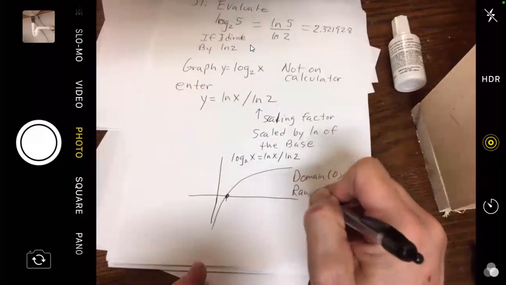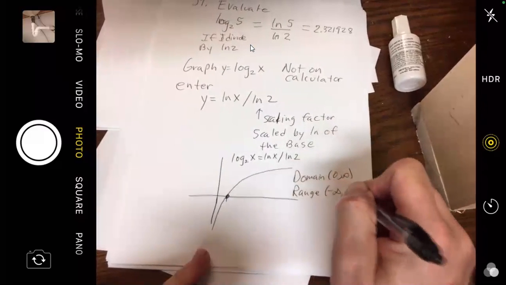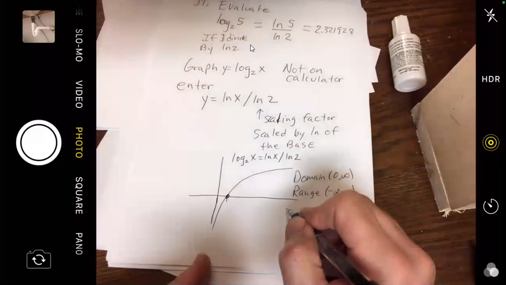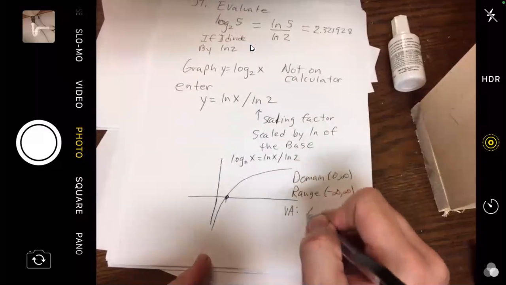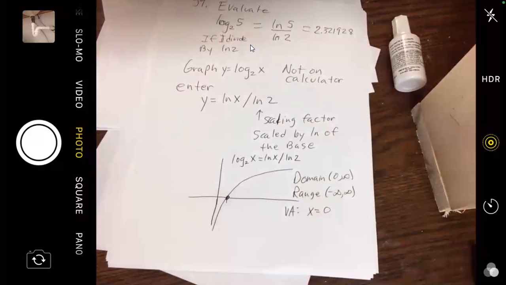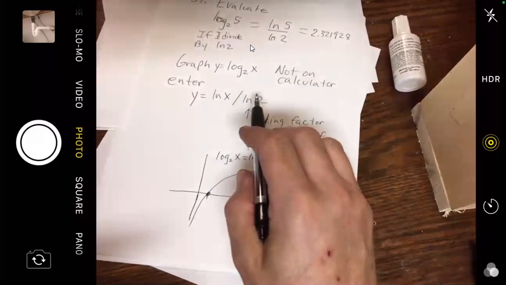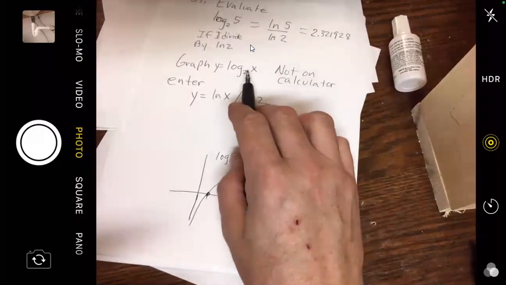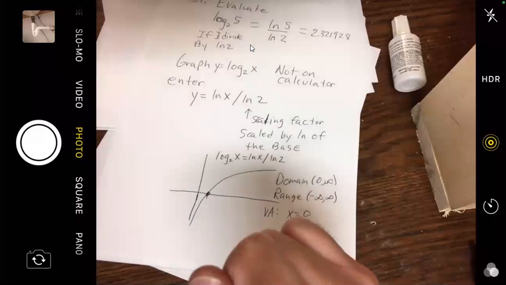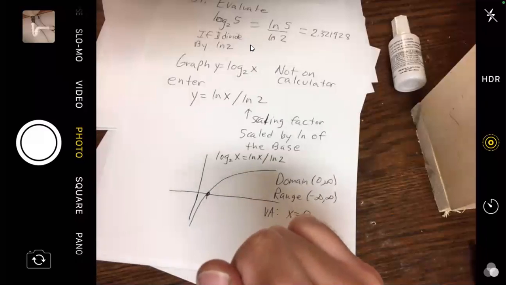Range: negative infinity to infinity. Vertical asymptote: x equals 0. So that is how you enter other bases that are not on the calculator.